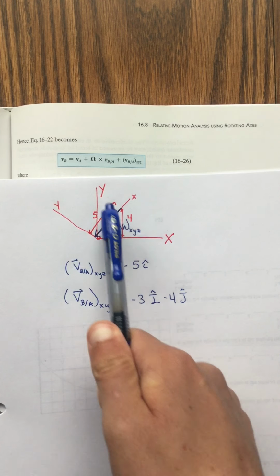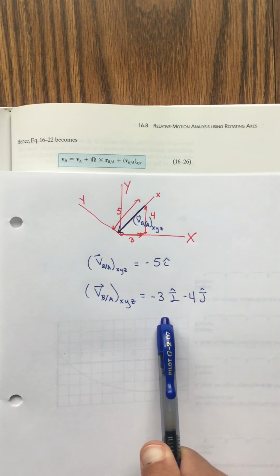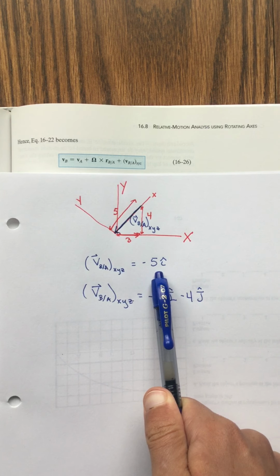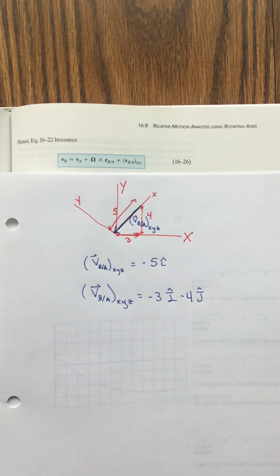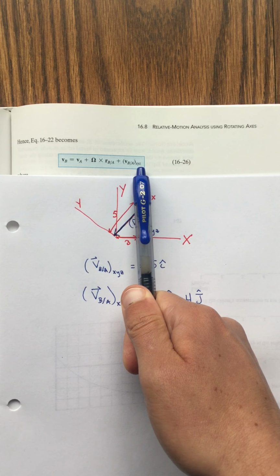If you have this coordinate system, you can draw the vector using this. If you're using the lowercase coordinate system, you would draw the same vector. So it's just being expressed different ways, but it's still the same vector. So the little xyz is not telling you what coordinate system you have to use.